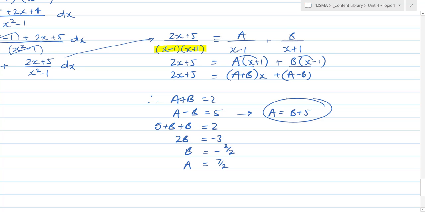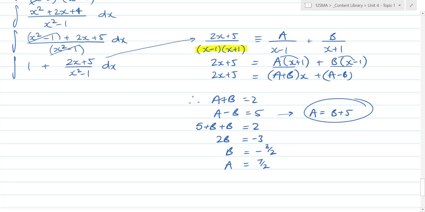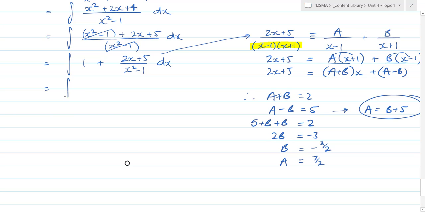So there's my a and my b values, and I can take that back into my integral now, and say I want to find the integral of 1 plus 7 over 2 over x minus 1, plus, well, I'm going to make it minus 3 over 2 over x plus 1, since b is negative 3 over 2, dx, and I can do these calculations.